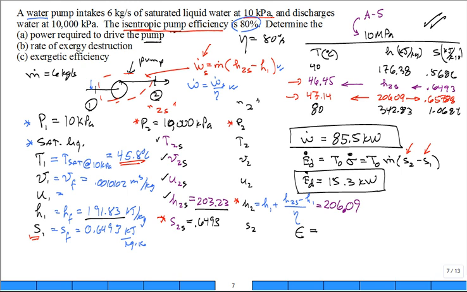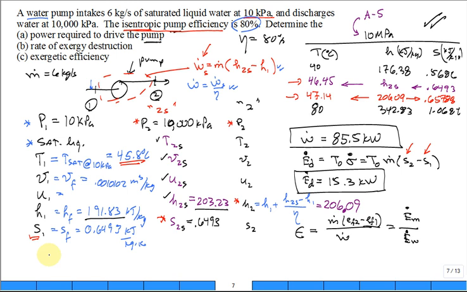So we want the mass flow rate times EF2 minus EF1 divided by W dot. Or a short way of writing it is what goes into the fluid stream, increasing the exergy flow of the water through the pump, divided by what came in the device by the shaft, the power that was supplied.